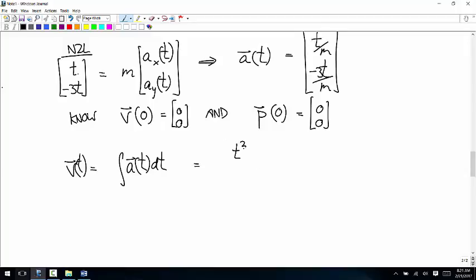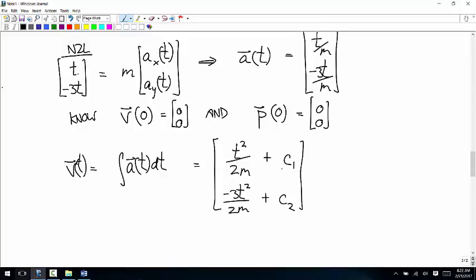So that's t squared over 2m plus c1, and negative 3t squared over 2m plus c2. That's the velocity vector.